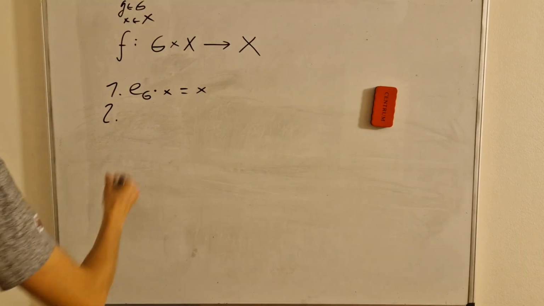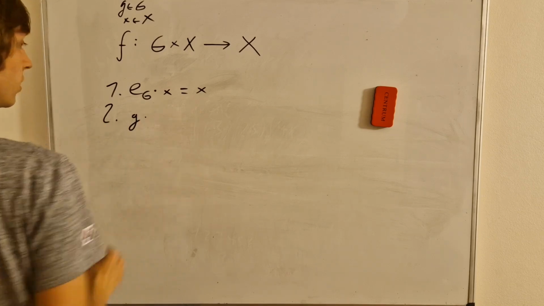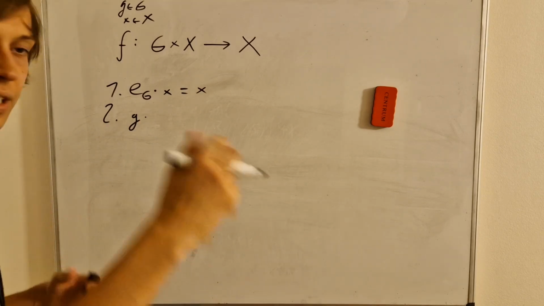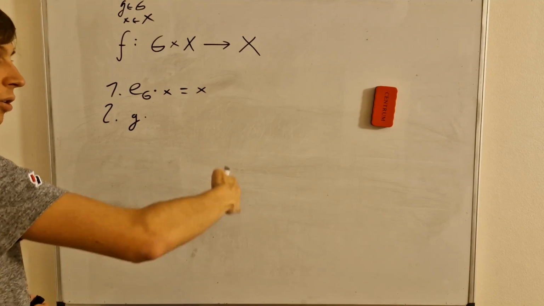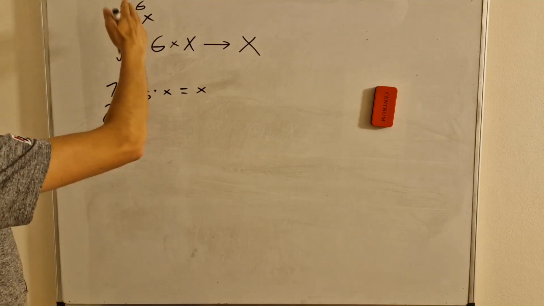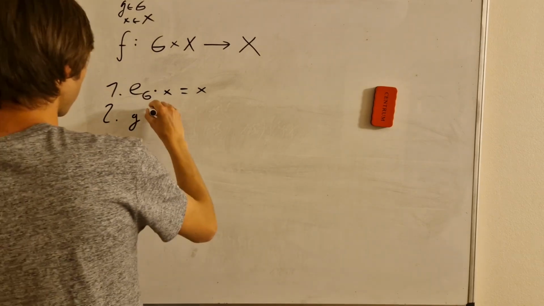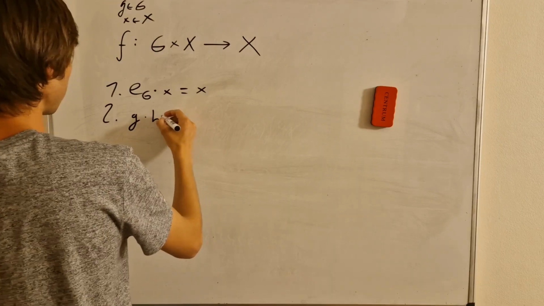The second axiom is basically, there is a sort of associativity for when we have more than one element of the group G acting on an element of X, where you have basically something like this.